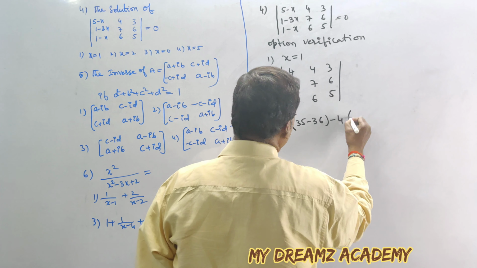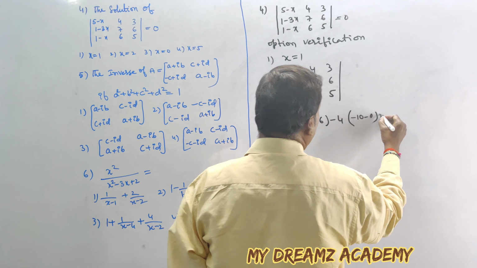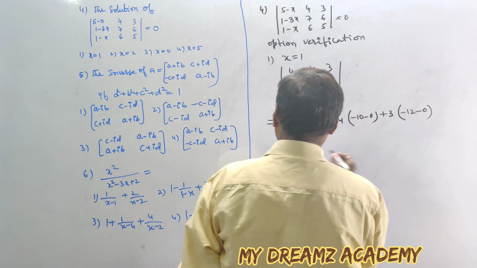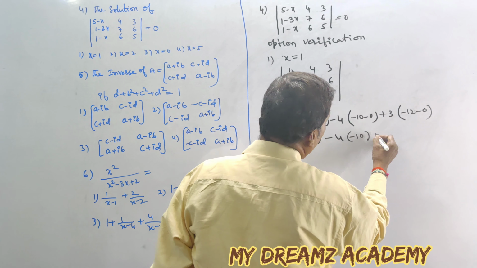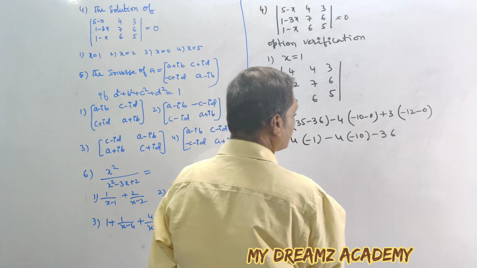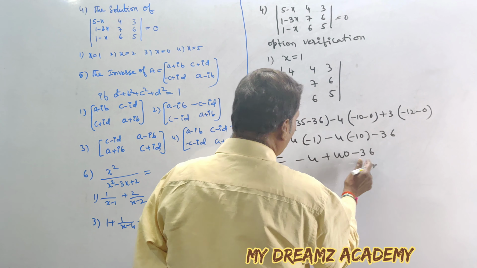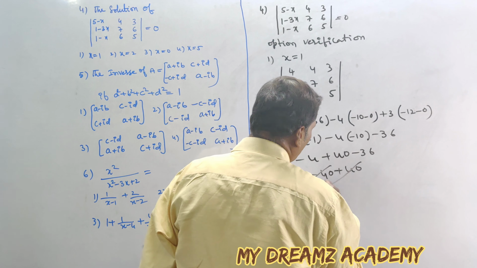Second term minus 2 into 5, minus 10 minus 0, plus 3 into minus 12 minus 0. This is 4 into minus 1, minus 4 into minus 10, minus 36. Minus 4 plus 40 minus 36, which is equal to 0.